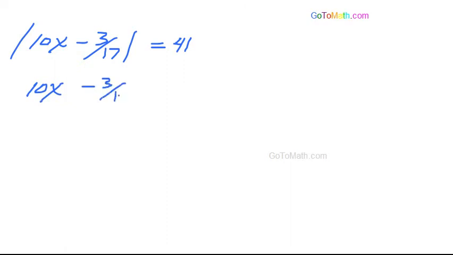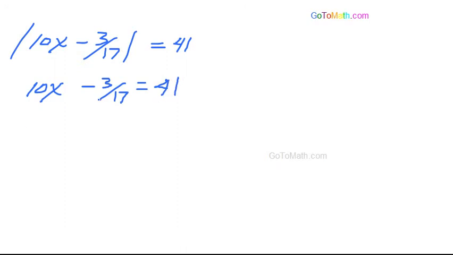Alright. Let's get over here and work on that. So we have the absolute value of 10x minus 3 over 17, let's close that up, is equal to 41. So of course the first thing we want to do here is drop the absolute value bars. So we have 10x minus 3 over 17 is equal to 41.